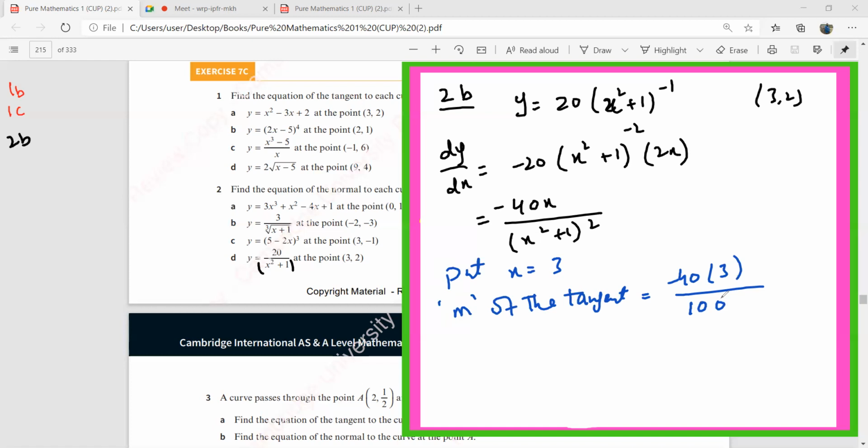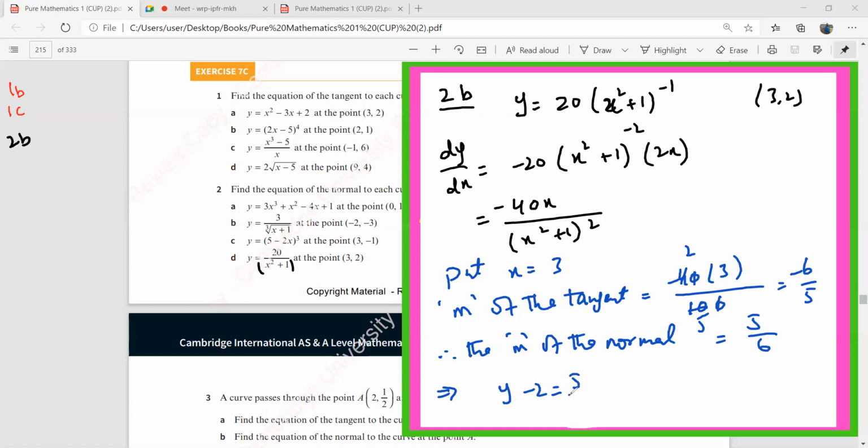Okay, so this cancels, 2 2s are, 2 5s are, so this is minus 6 over 5. Therefore, the gradient of the normal will be its negative reciprocal, and hence the equation: y minus y1 equal to m into x minus x1. You simplify this, you will get your required equation.